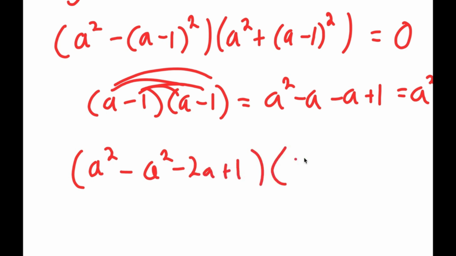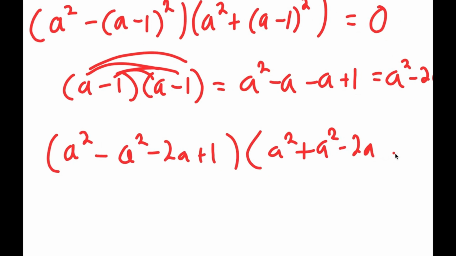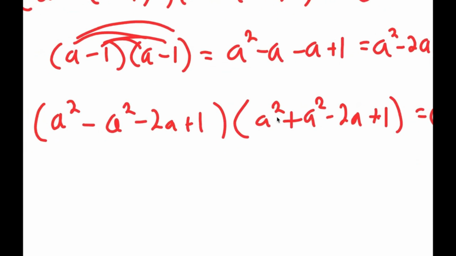And then I have this times (a squared plus a squared minus 2a plus 1) is equal to 0.